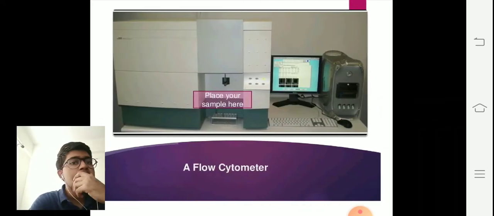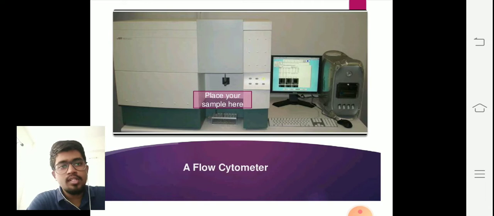So this is how a standard flow cytometer looks. There is a computer and the machine, and through that we keep the samples and analyze how the cells are flowing, and through the scattering from this beam of light, we analyze various physical and chemical properties of the cell.